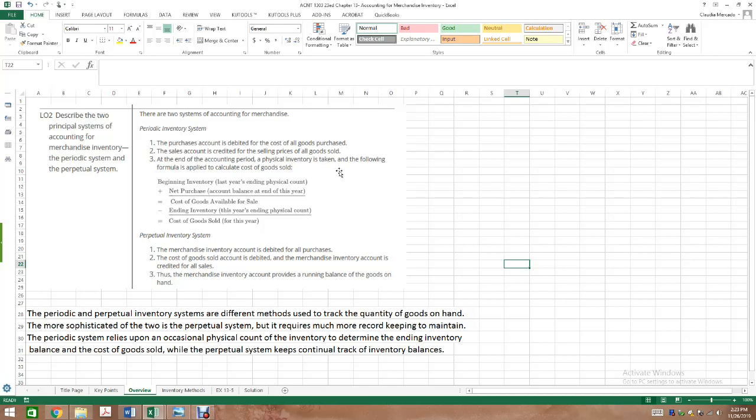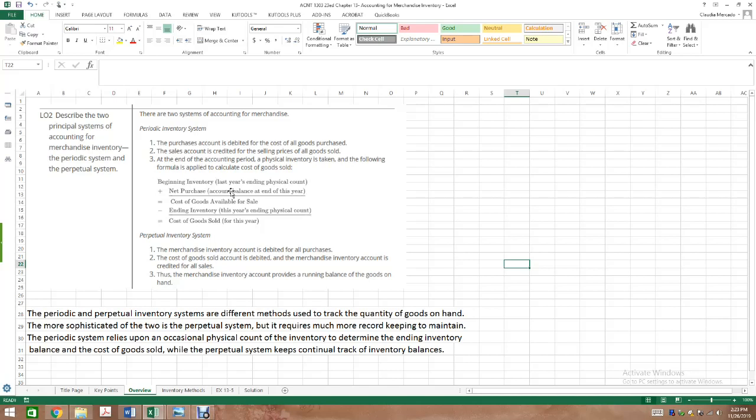To calculate the cost of goods sold and figure out how much I have sold, so you can figure out how much you should have left: you have your beginning inventory, which is last year's ending physical count. You add your net purchases. That gives you the cost of goods available for sale. Then you subtract your ending inventory, obtained from the physical count of the inventory that you have. And that gives you the cost of goods sold.